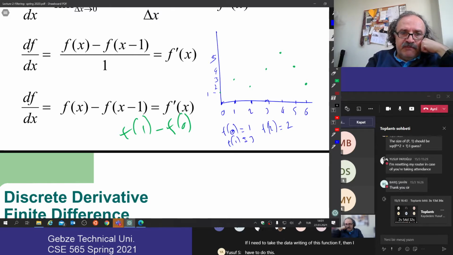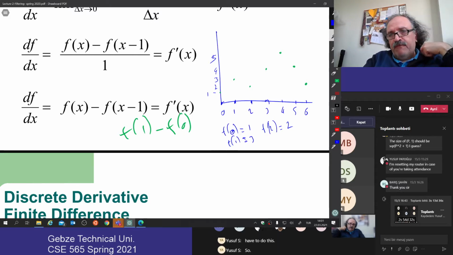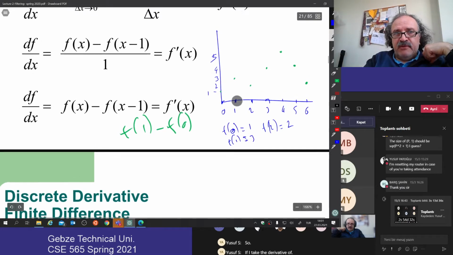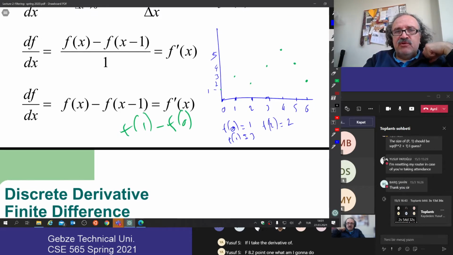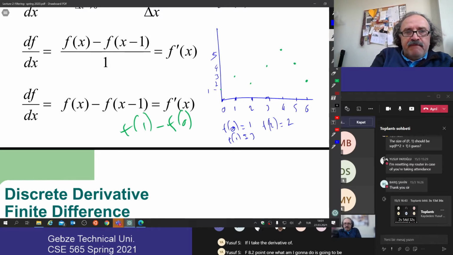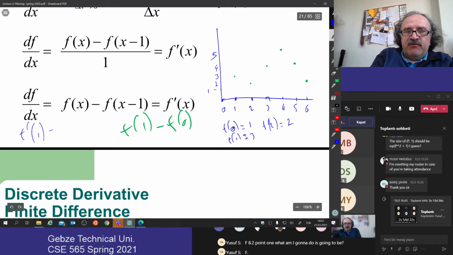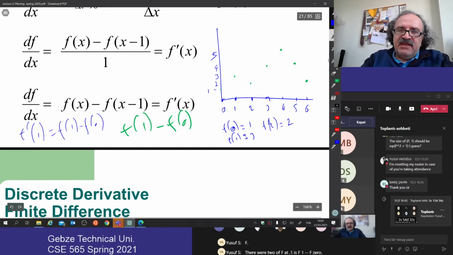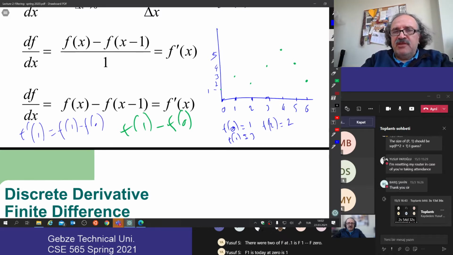If I take the derivative of f at point 1, it's going to be f1 minus f0. f1 is 3, f0 is 1, so it's going to be 2.